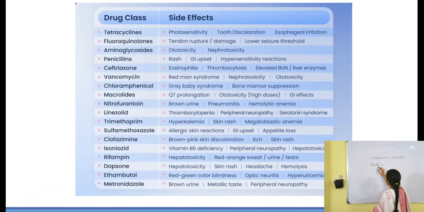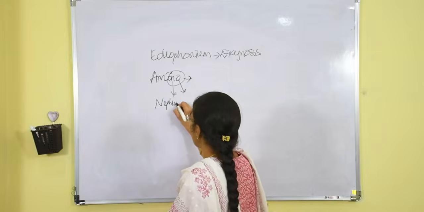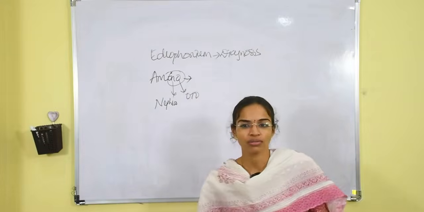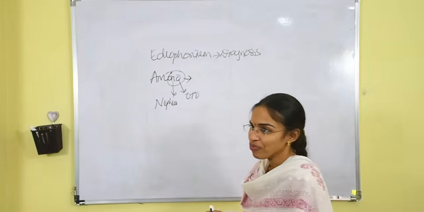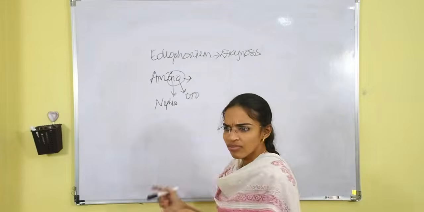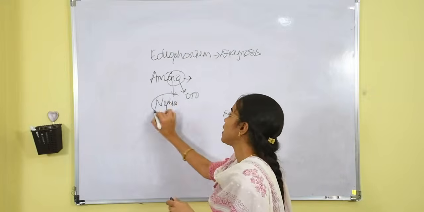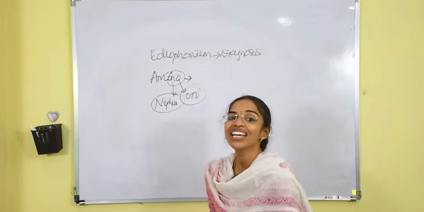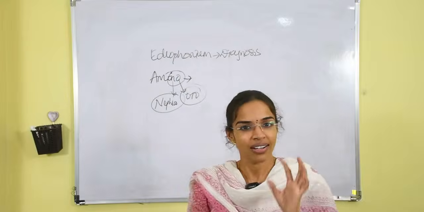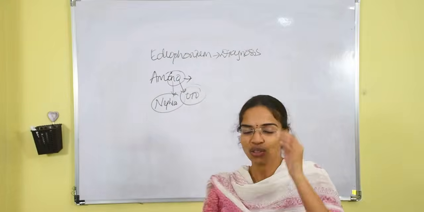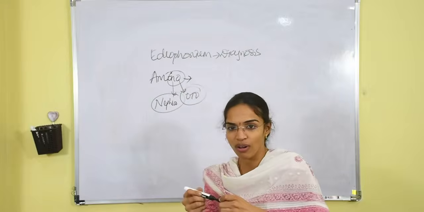Amino means N for nephro, O for oto. The name itself, amino. N for nephro and neuro also, but mostly it is nephrotoxicity. So N for nephro, O for ototoxicity. Aminoglycosides usually go with that thumb rule.